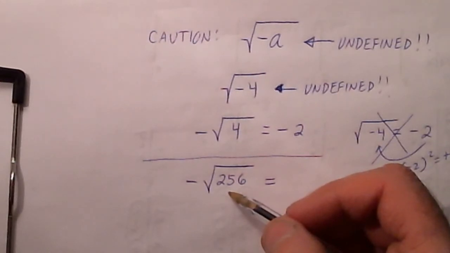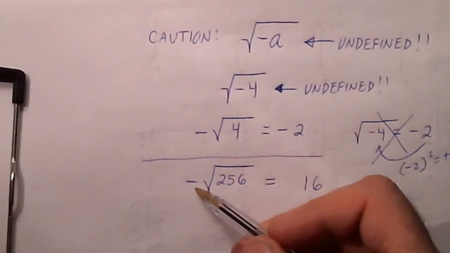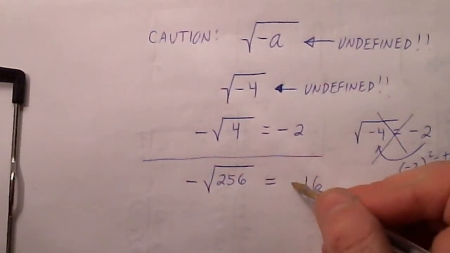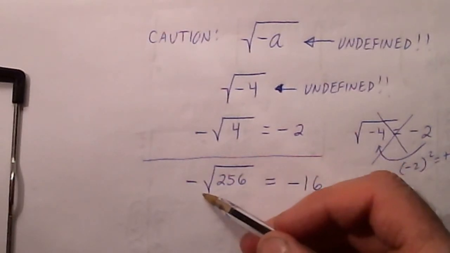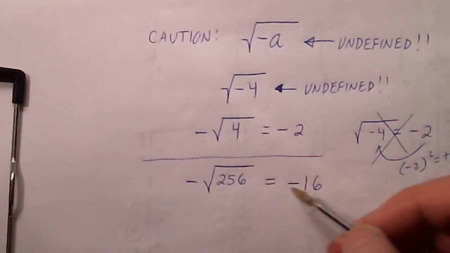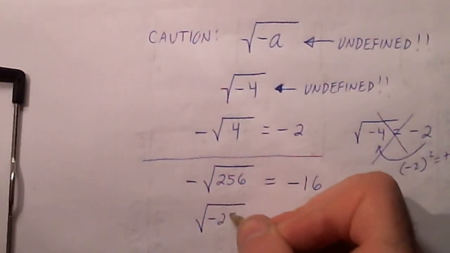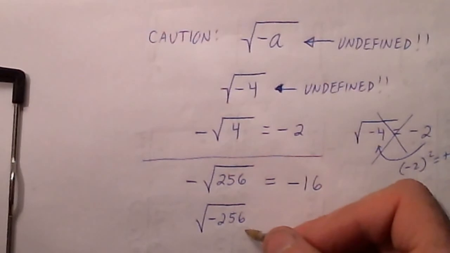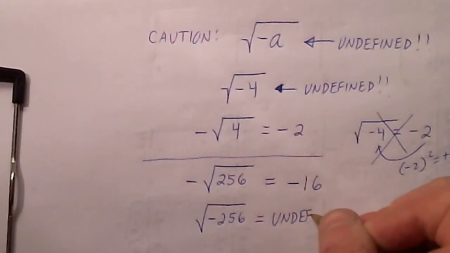And so therefore, the square root of 256 is 16, but we have the negative sign outside the square root, so the negative sign just comes along for the ride. So the simplification of the opposite of the square root of 256 is negative 16. If I had the square root of negative 256, now because the negative sign appears underneath the square root, we would classify this as being undefined.